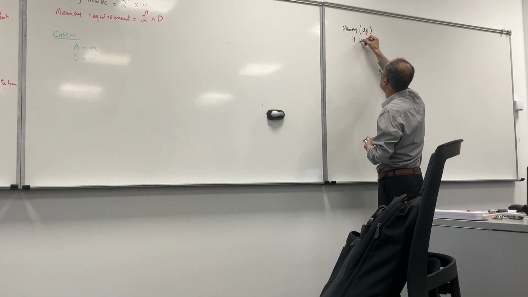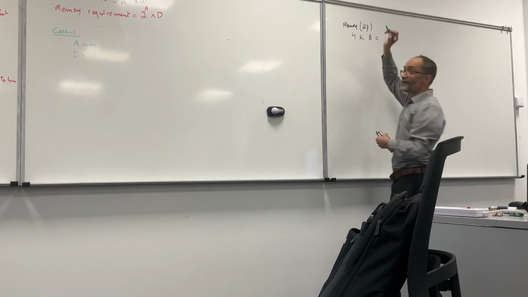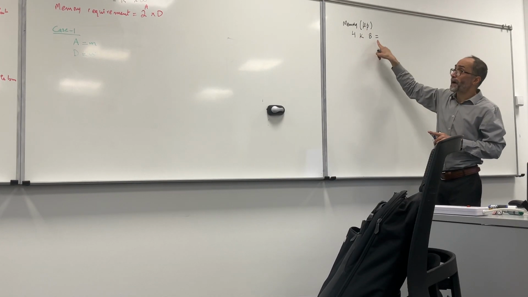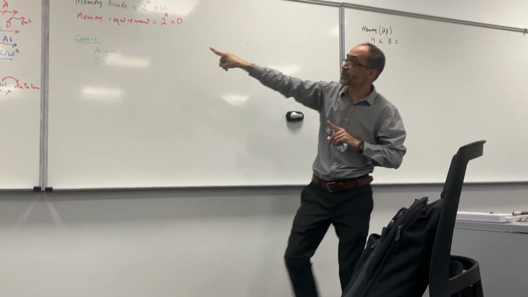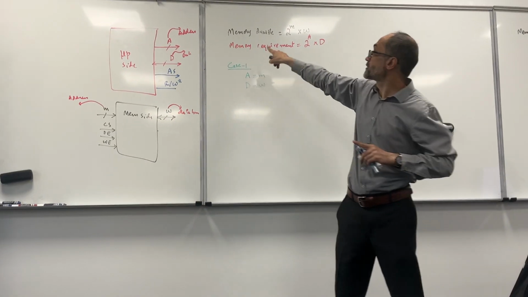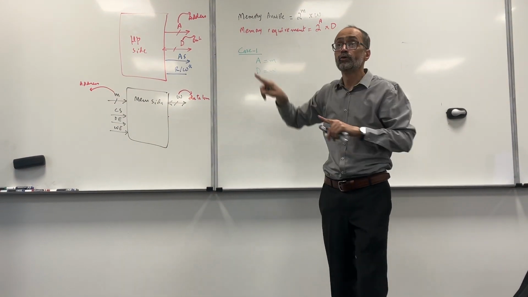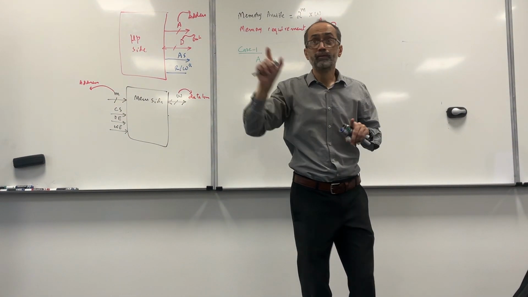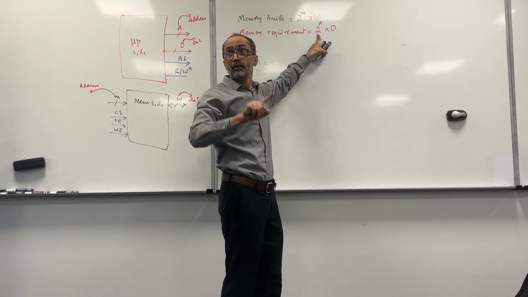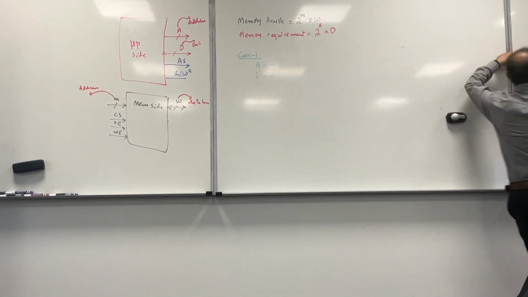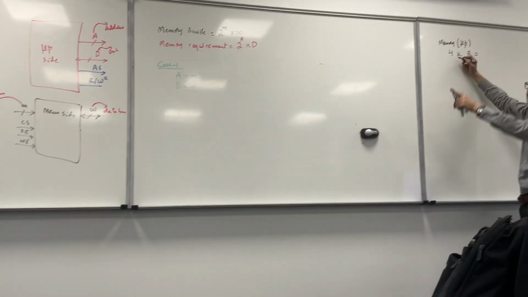Am I right or not? We are on the microprocessor side or the memory side? Microprocessor side, memory requirement. Which formula should we use? 2^A cross D or 2^M cross W? 2^A cross D.